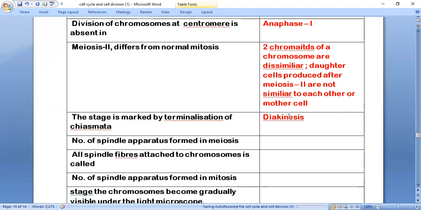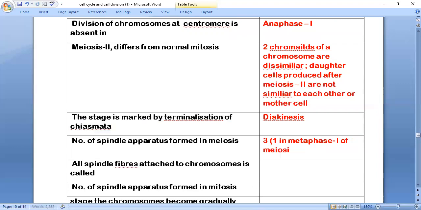Number of spindle apparatus formed in meiosis: one in metaphase 1 and two in metaphase 2.